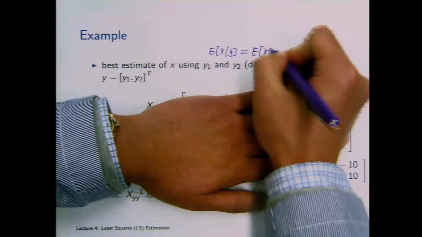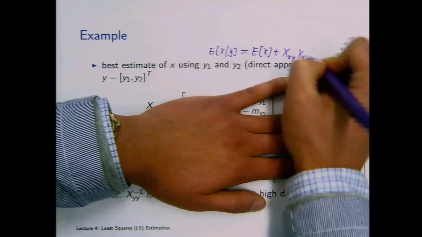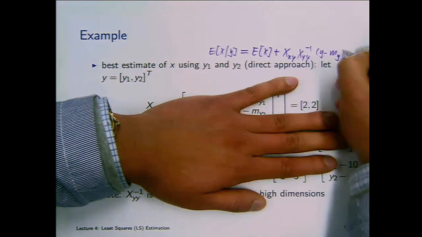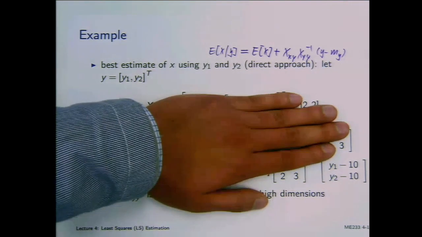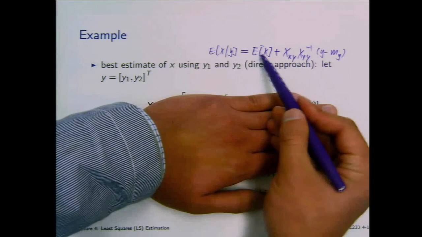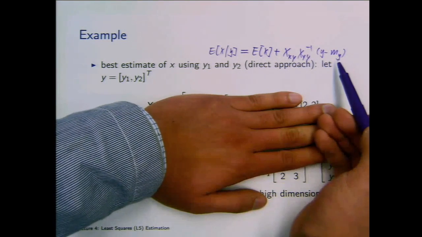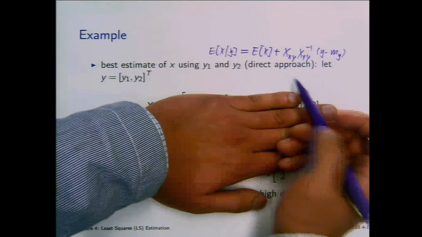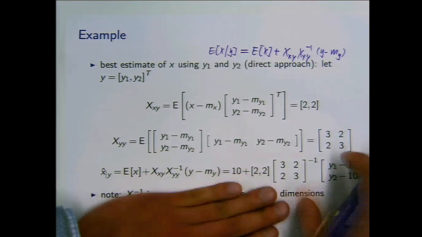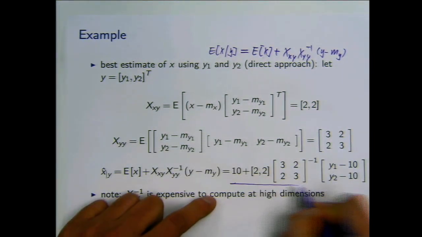It's going to be equal to this plus Sigma_xy, Sigma_y inverse, y minus mean of y. Because I know how y looks, I can evaluate these matrices. I can have no problem getting this, and this. The only difference in this case is what? Since we have matrix operations, we're going to get matrices in this expression, and this is the result.